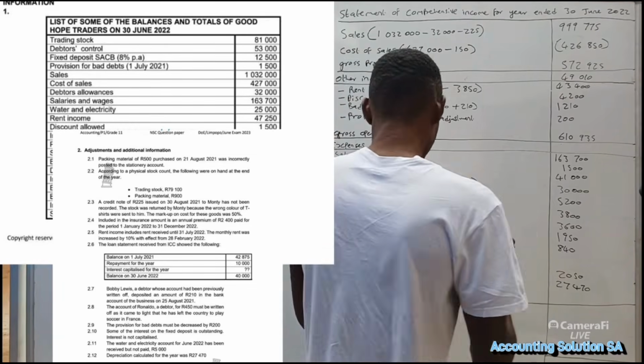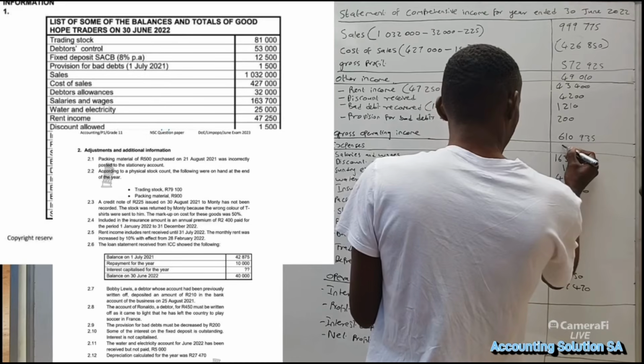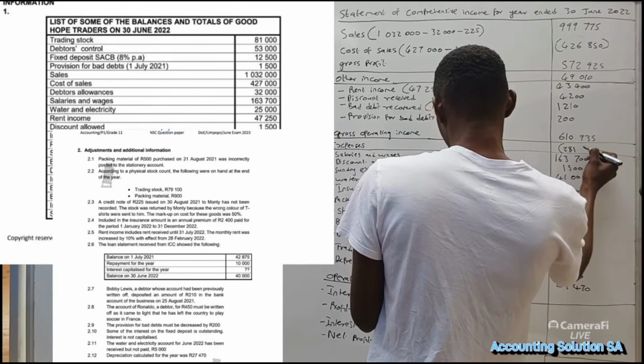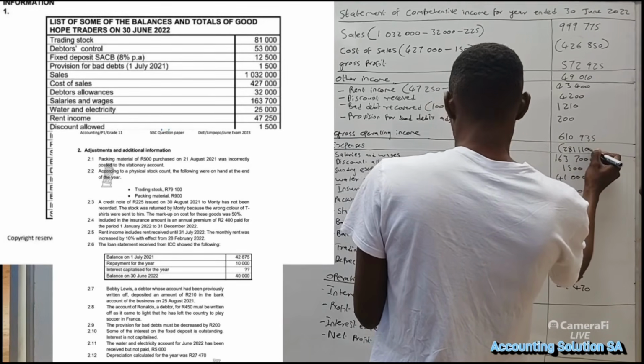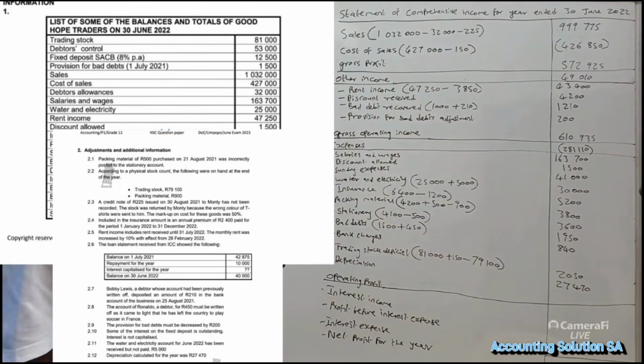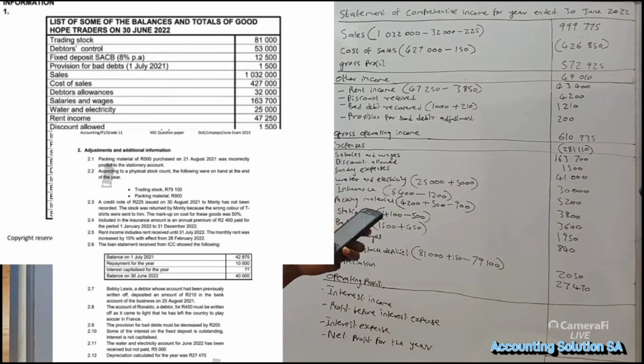Then after that, we're going to get a total of 281,110. You have to make sure that it is in brackets to show that it's an expense. Okay, now we are going to the last part, operating profit.